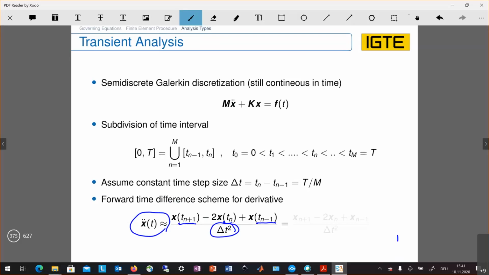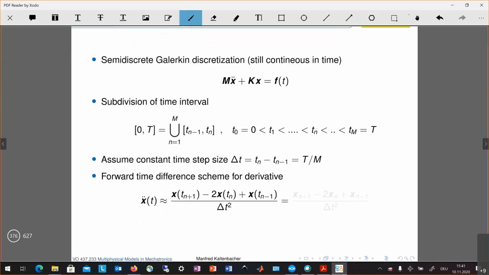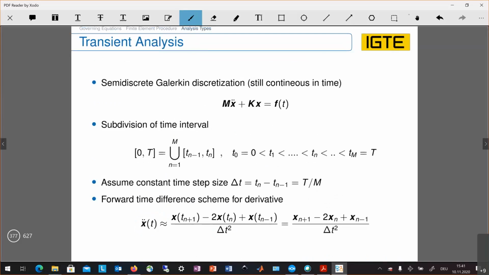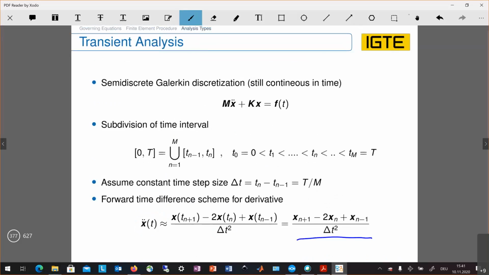And this is written in short form as shown here, that you have an index, and we know that the index n plus 1 means we have to evaluate our mechanical displacement at the time tn plus 1.